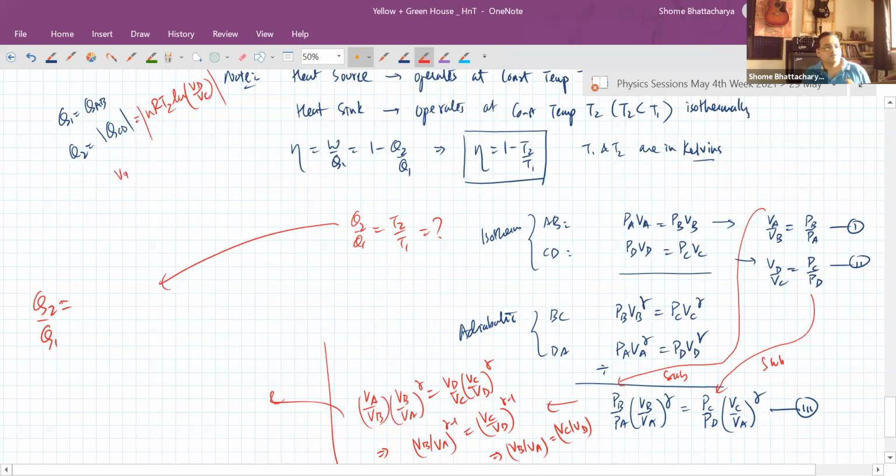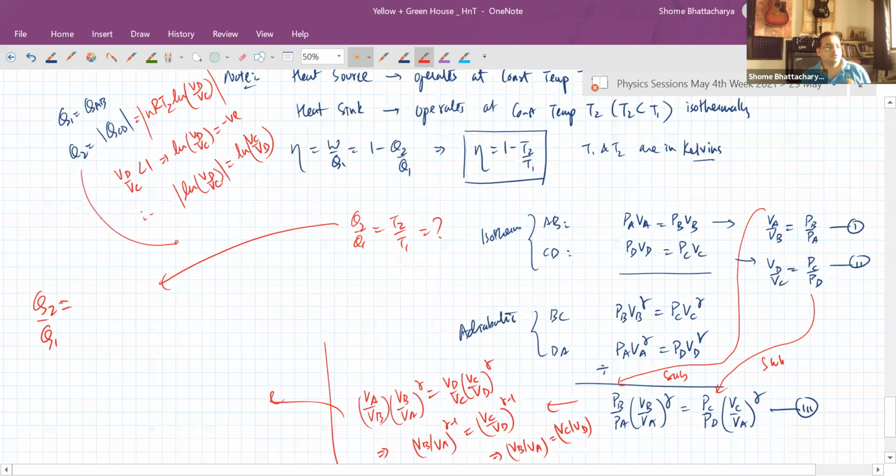Now VD by VC is less than 1, so ln of VD by VC is a negative quantity. Therefore, the mod of ln of VD by VC will become ln of VC by VD.